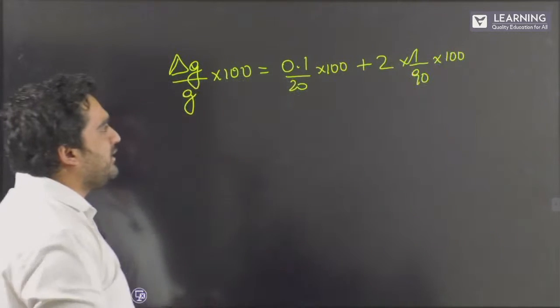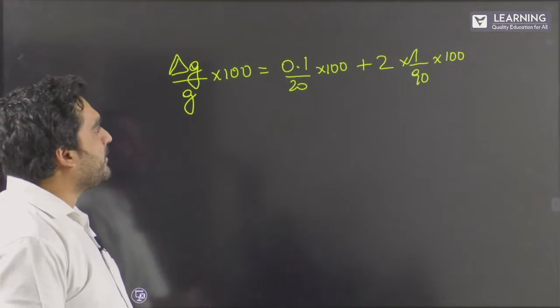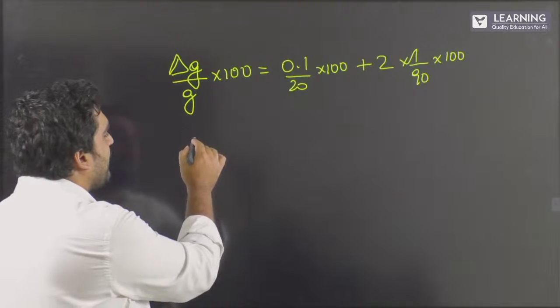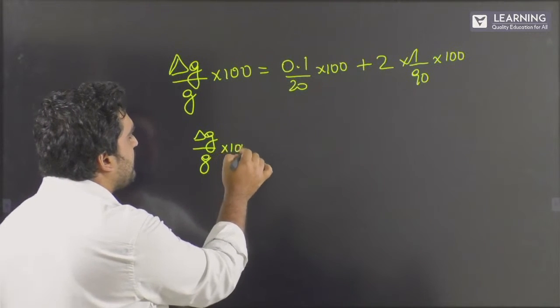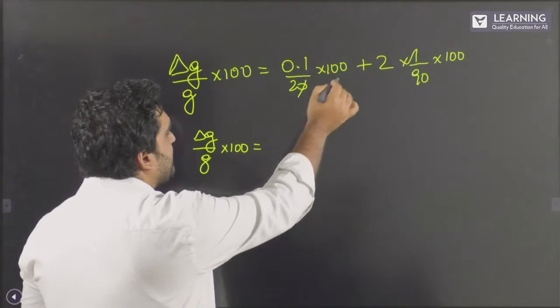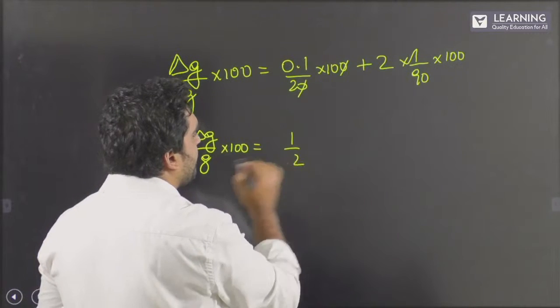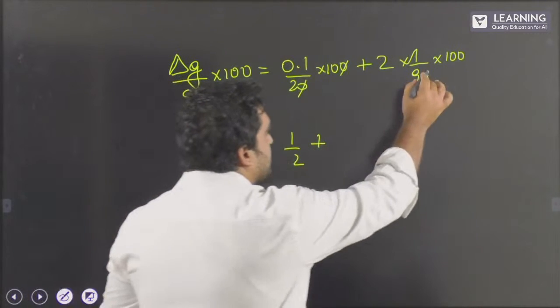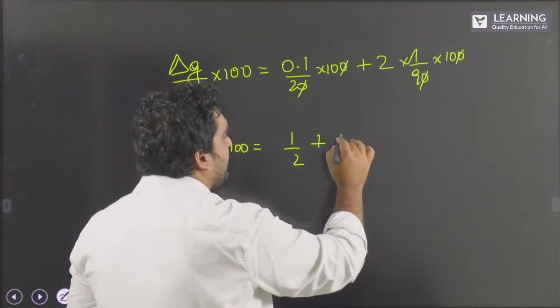There you go. And what you get, delta G by G times 100, equals, cancel the zeros, and then you get 1 by 2 plus 20 by 9.